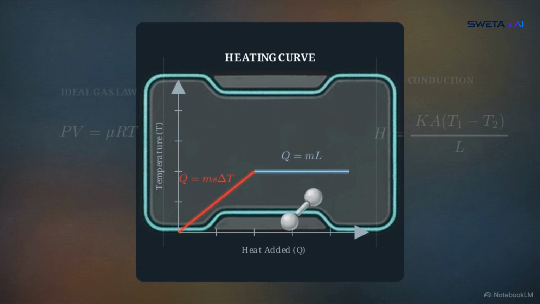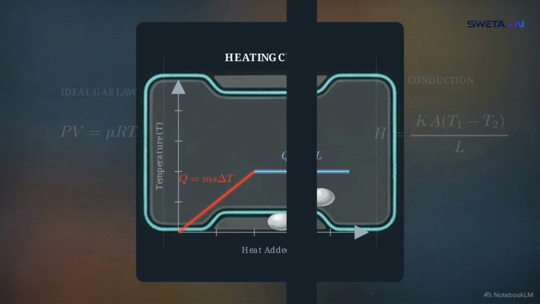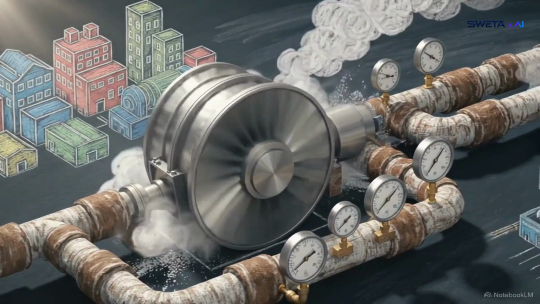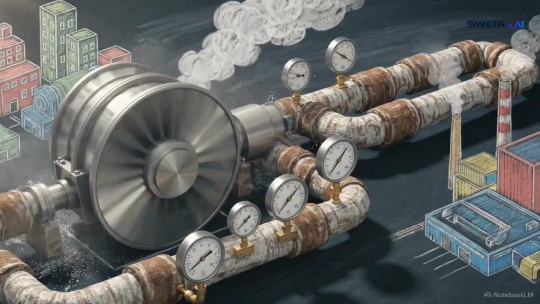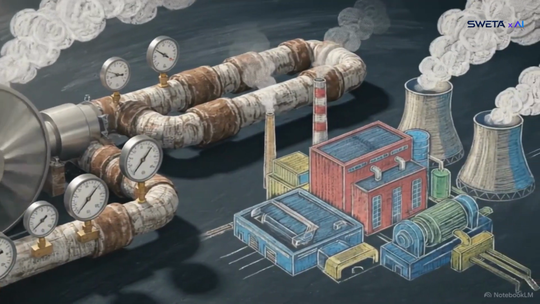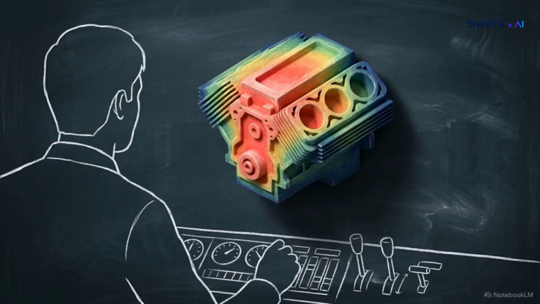When that material reaches a critical threshold, the heat is redirected to overcome molecular bonds, resulting in a change of state. These formulas are not abstract concepts. They are the tools used to design radiators, insulation, and the high-pressure systems that power modern industry. By mastering these properties, we can accurately predict and control how matter will respond to the constant flow of thermal energy.